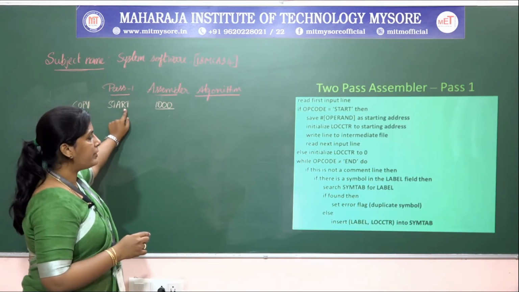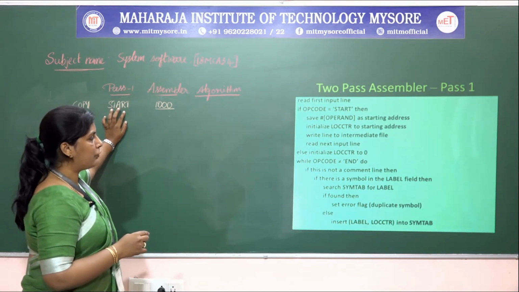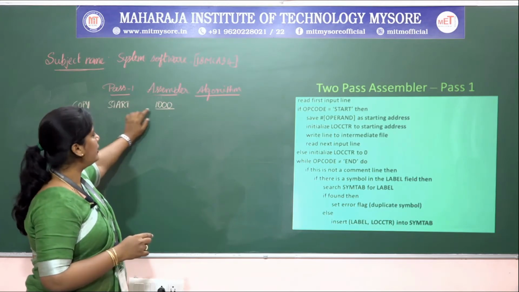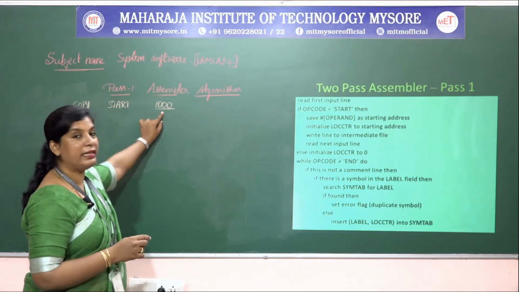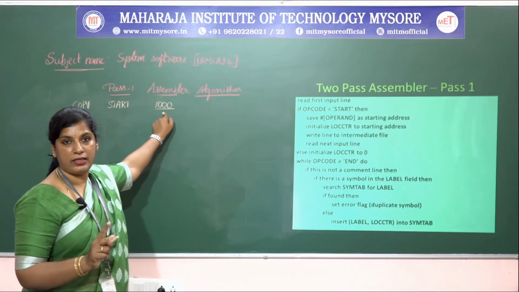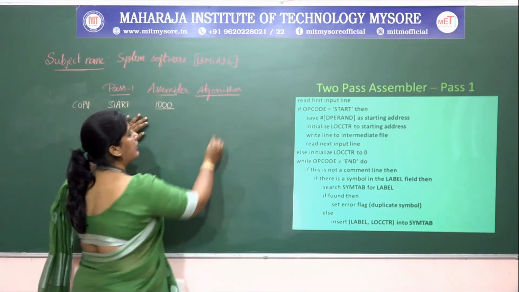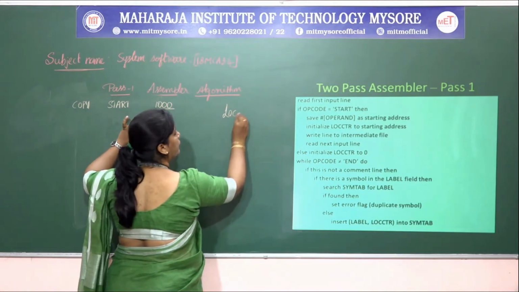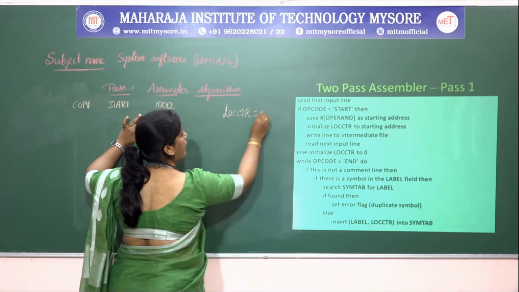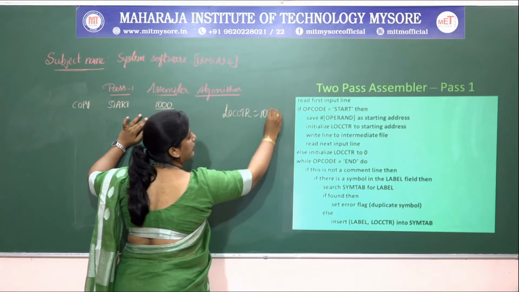If this condition is true, it is going to save the operand address as the starting address of that program, and initialize the location counter value as 1000 here.